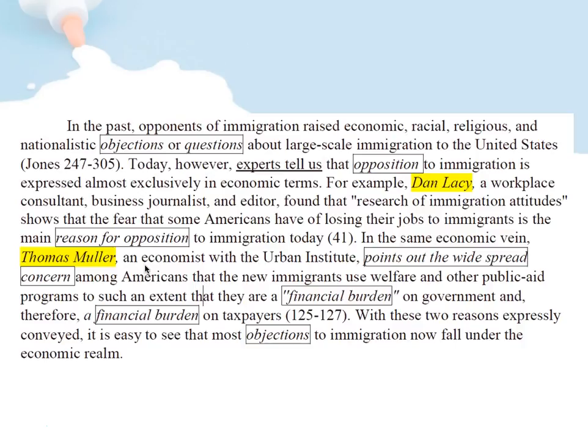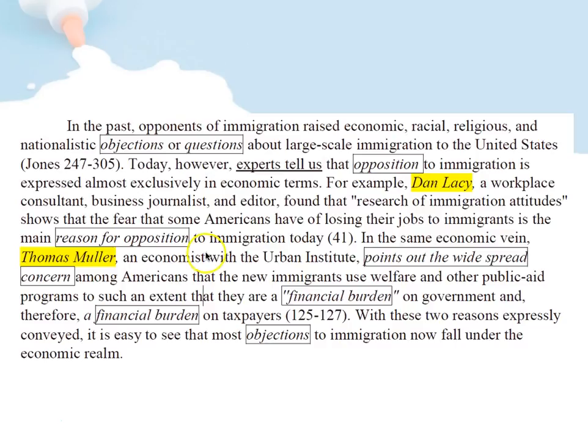So in the past, opponents of immigration raised economic, racial, religious, and nationalistic objections or questions about large-scale immigration to the United States. This objections and questions is emphasized because it is showing a main idea that we are building on.